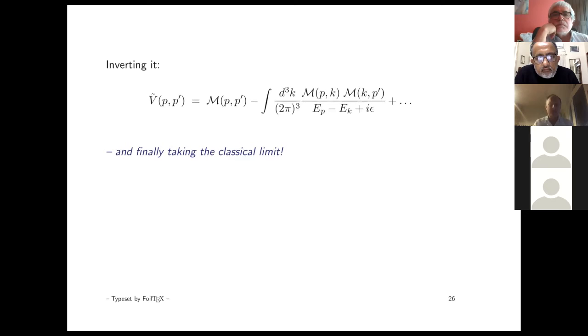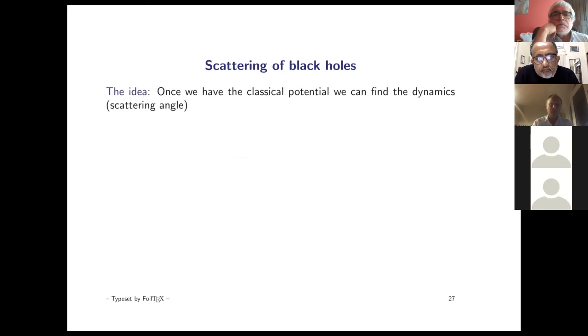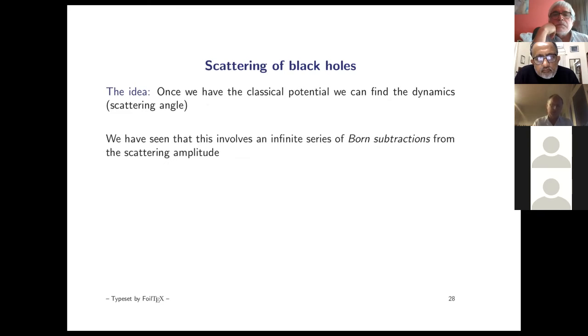Now, that is actually a full potential. It also has quantum mechanical pieces. But after having done that, we can also take the classical limit. And then that's precisely the classical potential we're after. And obviously then from the classical potential, we can calculate dynamics such as scattering angles, etc. And it involves an infinite series of Born subtractions.